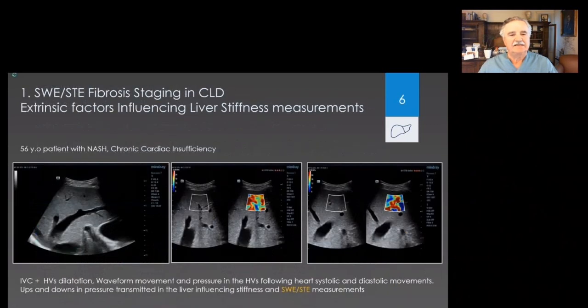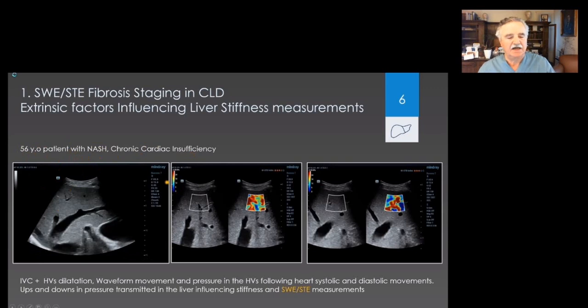Let's discuss now extrinsic factors influencing liver stiffness measurements with shear wave elastography and sound touch elastography. This is a 56 years old patient with NASH and chronic cardiac insufficiency.